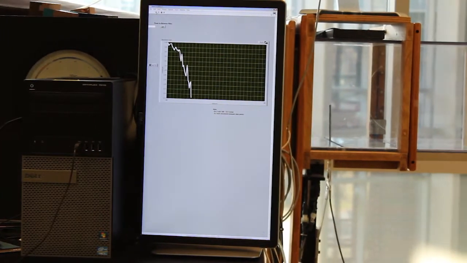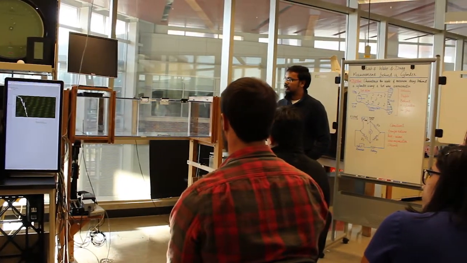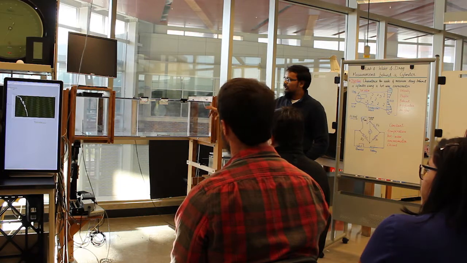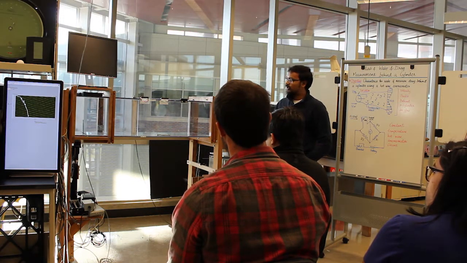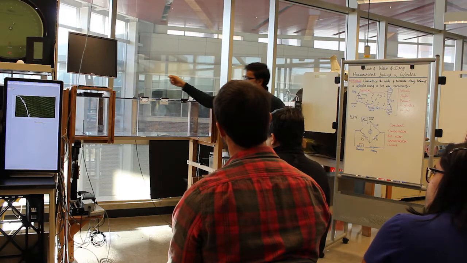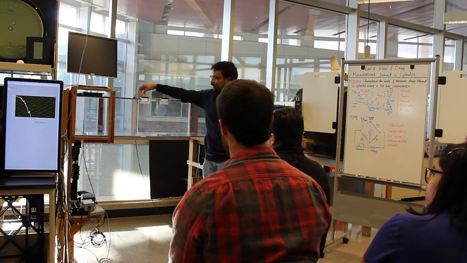So as part of this course, you are going to design your own experiment for lab 6, and a couple of ideas you can use are, you can measure the wake behind the cylinder, and you can also measure the wake behind the cylinder which has a suction device on the cylinder itself.